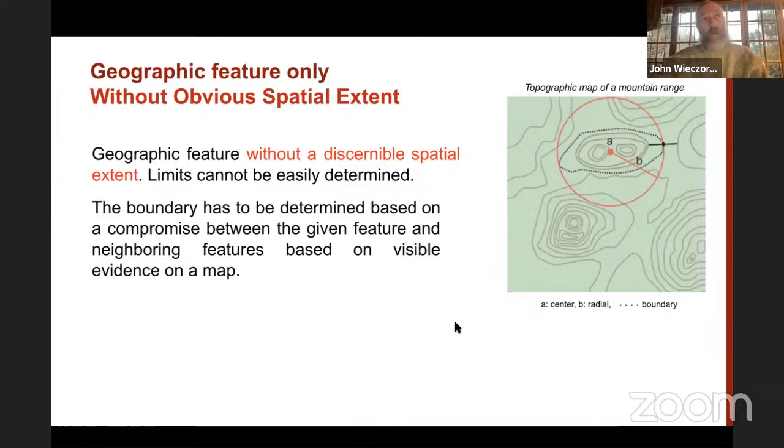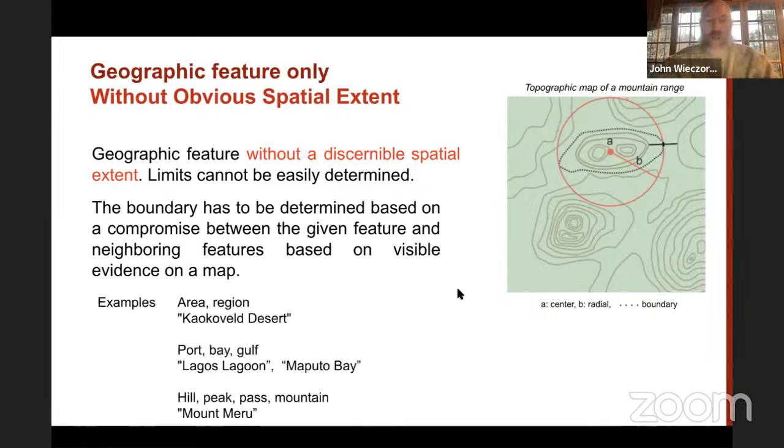When we look at a mountain and we're nearby it, we have a fairly decent idea of where it is. We say, okay, that's the mountain. I can see it there. It's above all of the horizon, et cetera. But when I look down on it from above, from a map, it's a lot harder to decide where that mountain ends and where the next thing begins. So that's the situation we have with geographic features without obvious spatial extents.